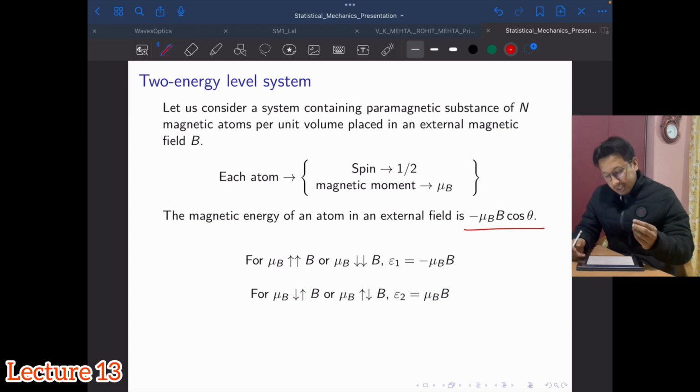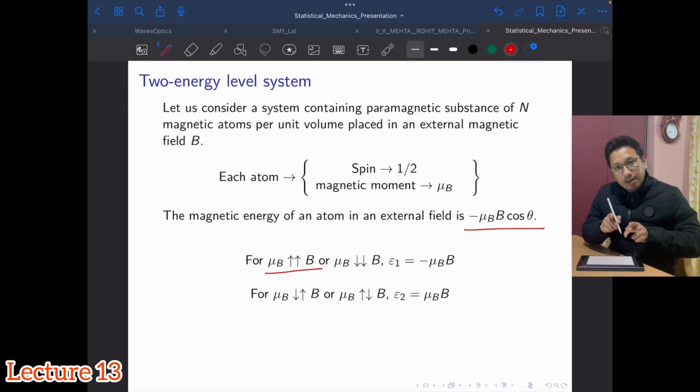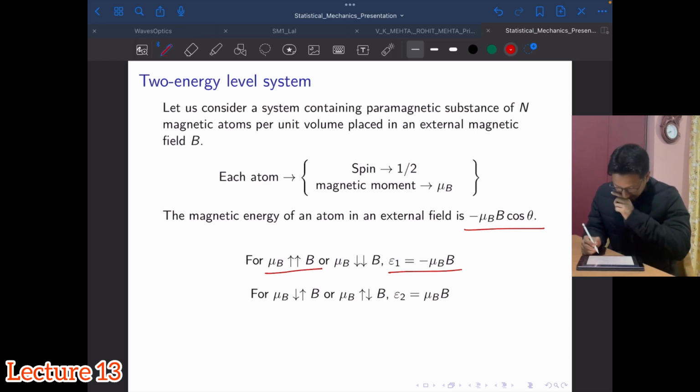When it is parallel, theta will be 0. So the energy of the ground state, or the lower state, E1 is given by minus mu b B, where B is the strength of the applied magnetic field.